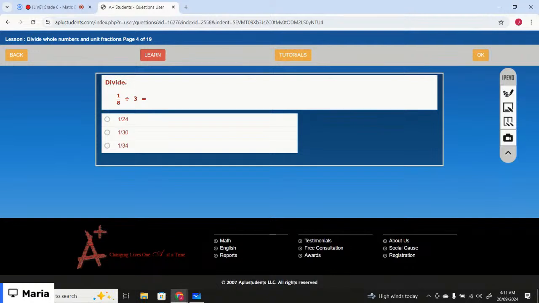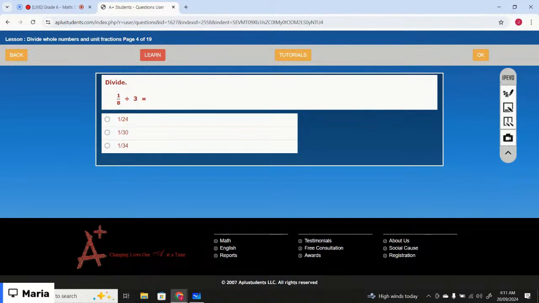1 by 8 divided by 3, which is the correct option? The correct option is 1 over 24.